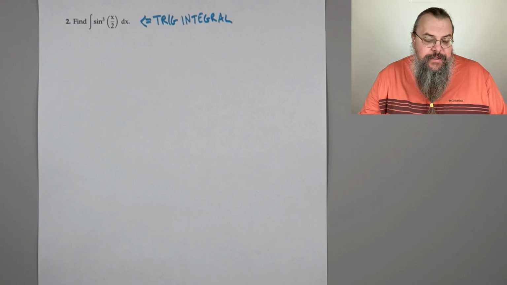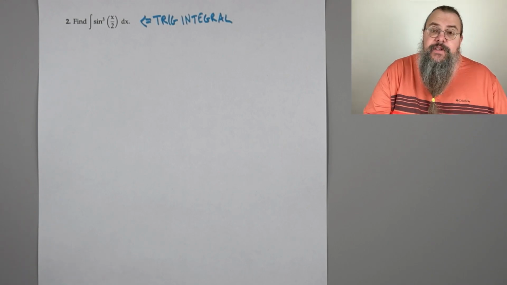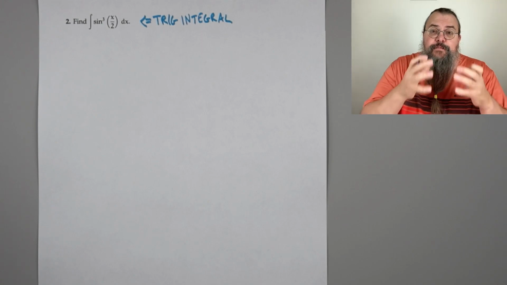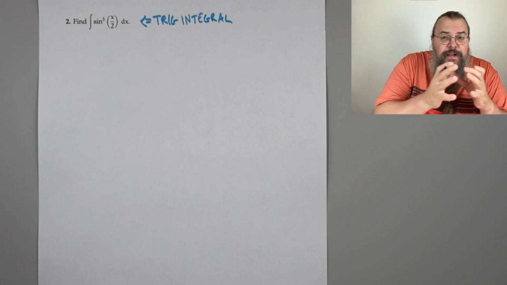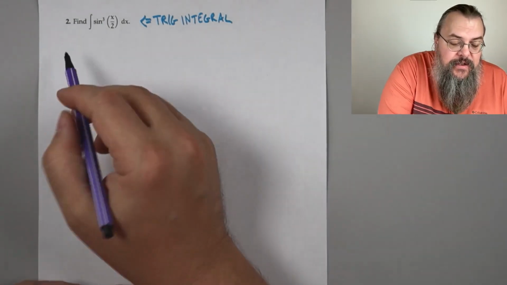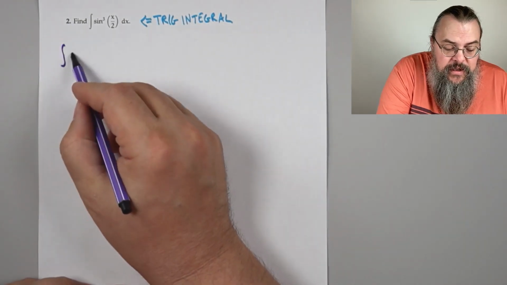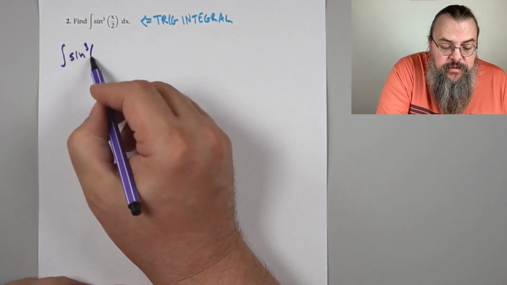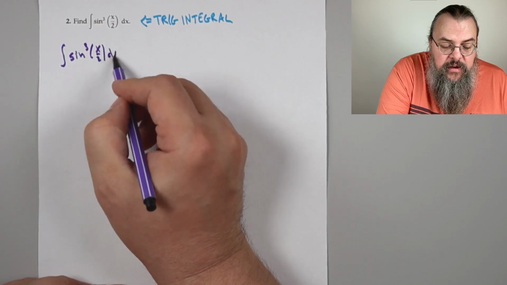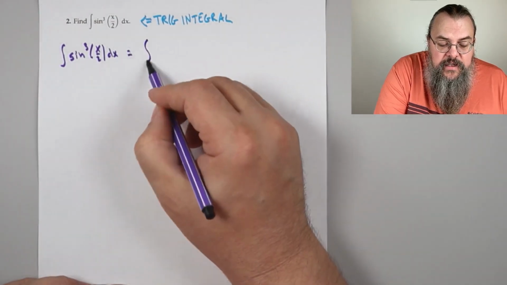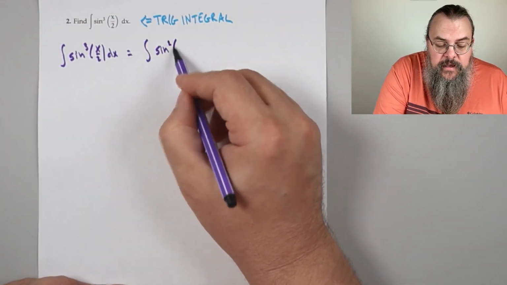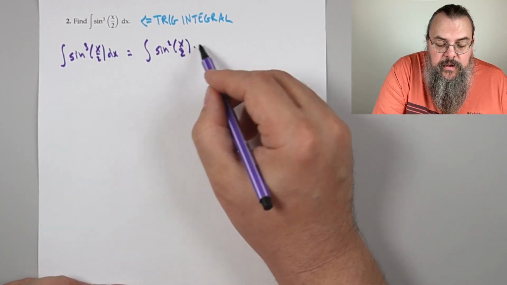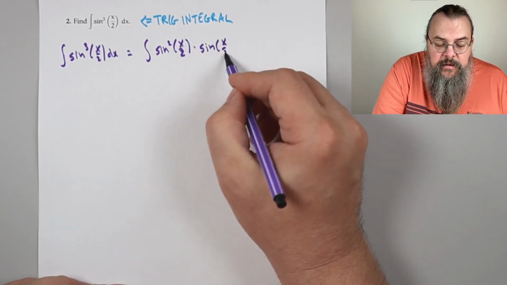Well, here's what we can do. So when we see an odd power, we're going to pull off one term to the end. So this integral of sine cubed of x over 2 dx, we're going to pull off a single sine term. Now, we'll explain why in a second.